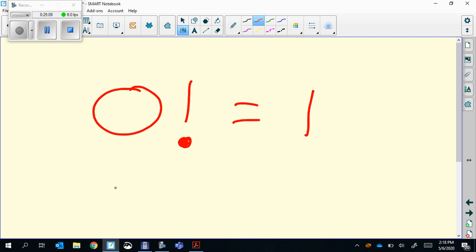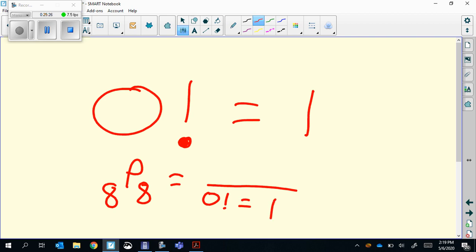But it also comes back to when we did 8P8, or actually I think we did 7P7. Remember, our denominator when we do this would be 8 minus 8 would be 0, and that's kind of where it comes from. So you would have 0 factorial, so that just means the denominator is 1. Anytime these two numbers match, the denominator is just 1.